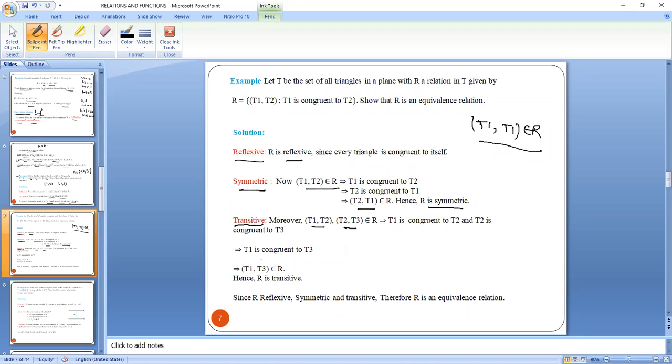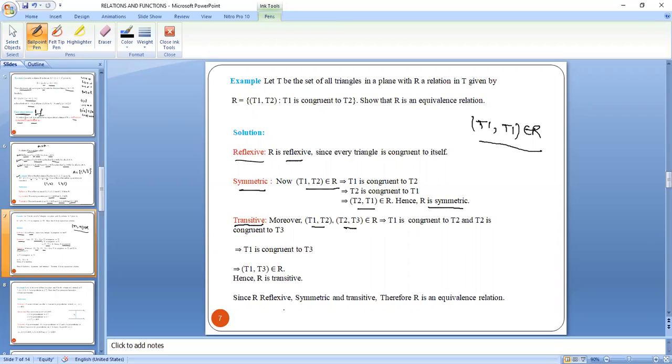Therefore, T1 is congruent to T3. If one triangle is congruent to the second, and the second is congruent to the third, we can say that the first and third are also congruent. This implies T1 comma T3 belongs to R. So T1 comma T2 belongs to R, T2 comma T3 belongs to R implies T1 comma T3 belongs to R, which shows that R is transitive.